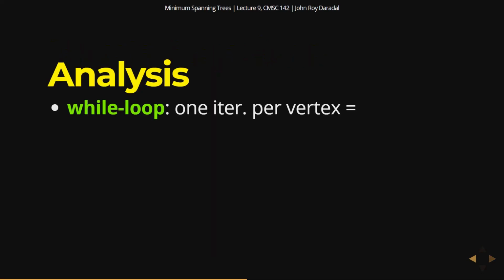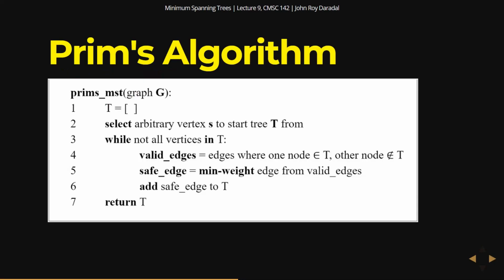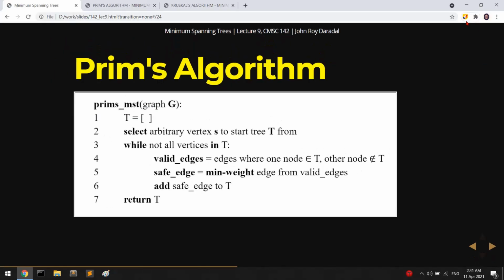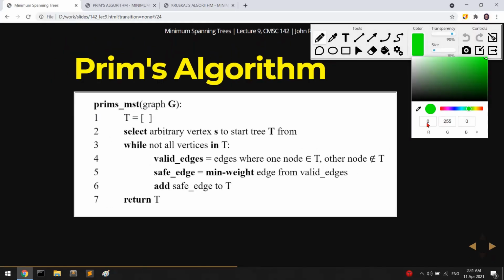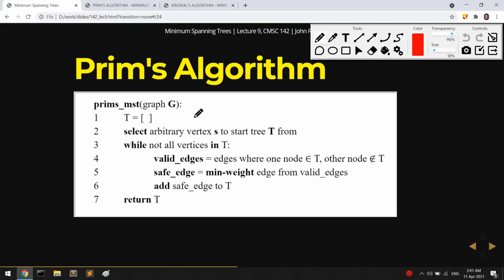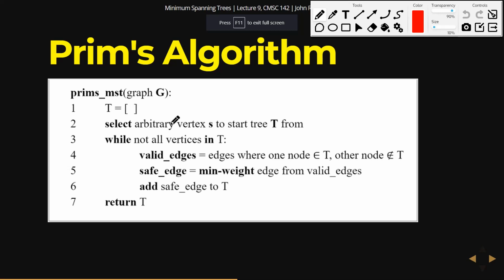Okay, now for the analysis, for the while loop here, this will run in at most n iterations because you're making sure that all vertices are part of the tree.